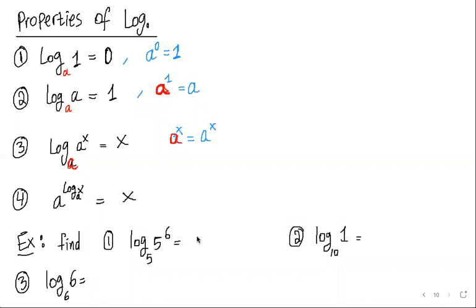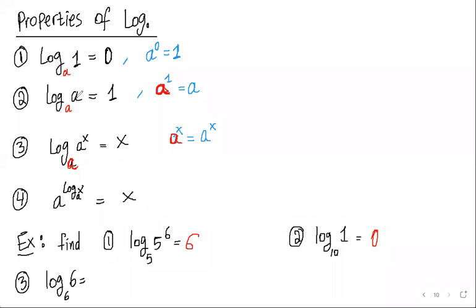For number 2, log 1. So it's 0. Oh, sorry, it is 0. Yes. So log 1 for any base is always 0. For number 3, it is 1.